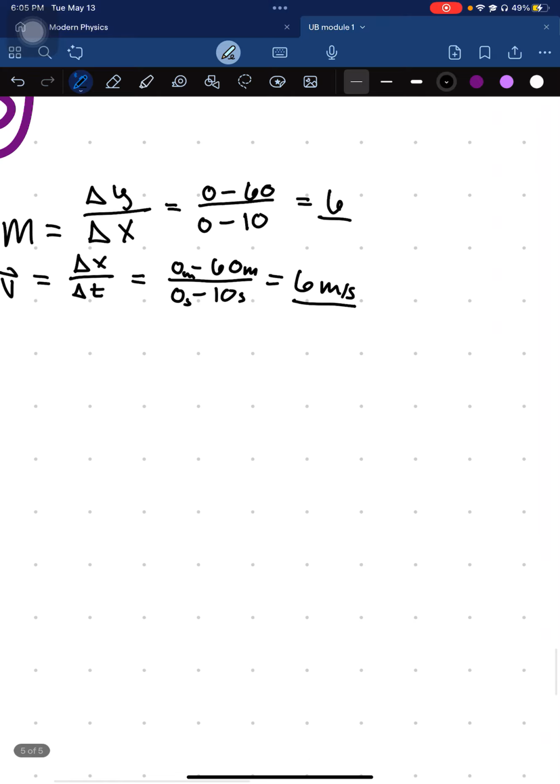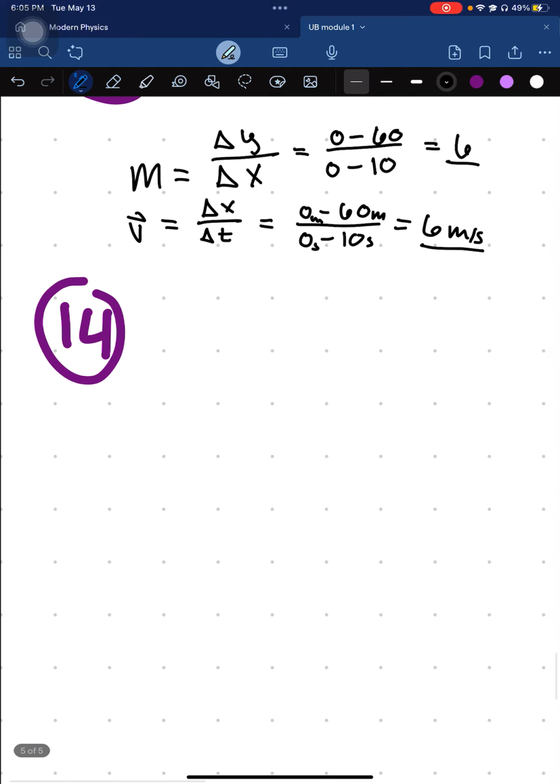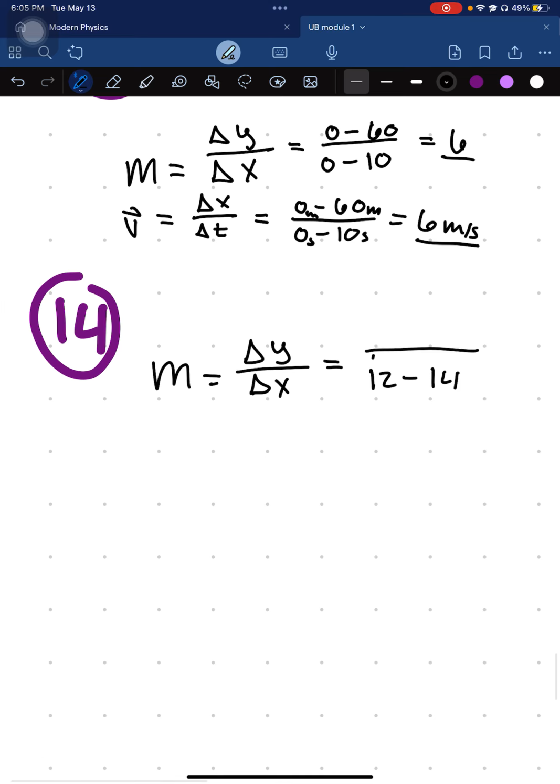For our velocity versus time graph, that is going to be question 14. Recall that slope is the rate of change of a function, or the change in y over the change in x. What is the slope of the function from t equals 12 to t equals 14?